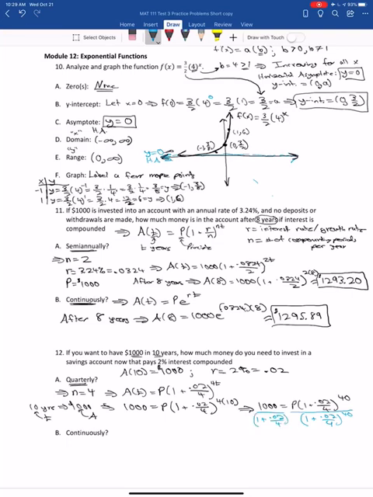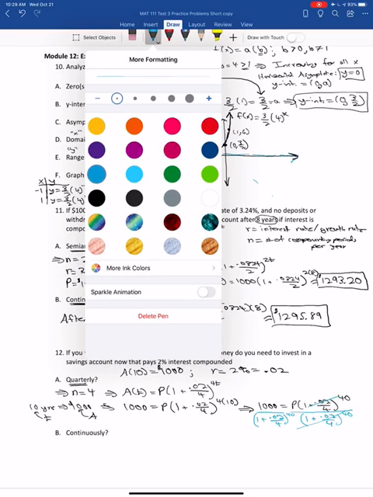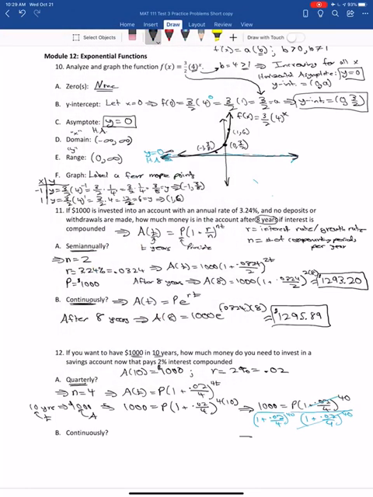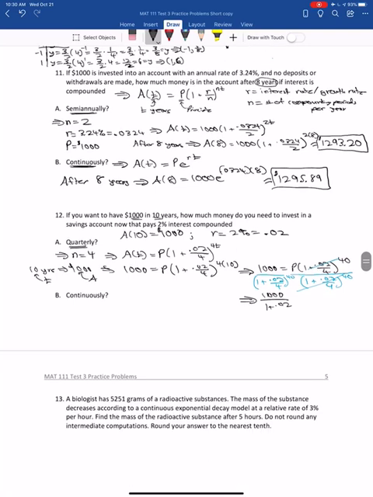Doing our algebra, we know how to isolate our variable, so we're solving for P. So as we're getting our value of P here, now we have what we want. So 1,000 divided by 1 plus 0.02 divided by 4, all raised to the 40th power. That equals our principal, our initial investment.